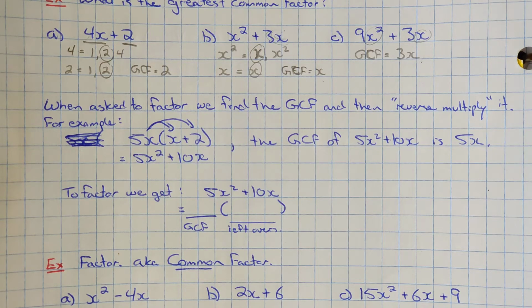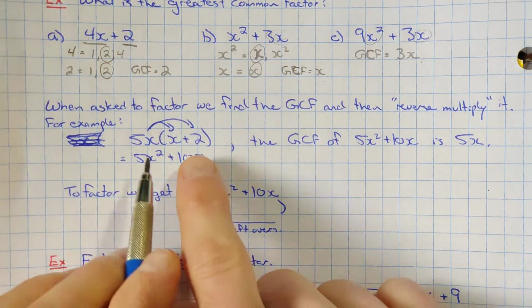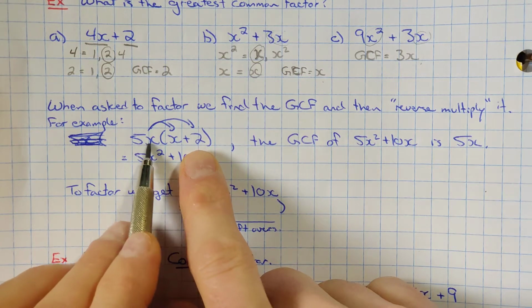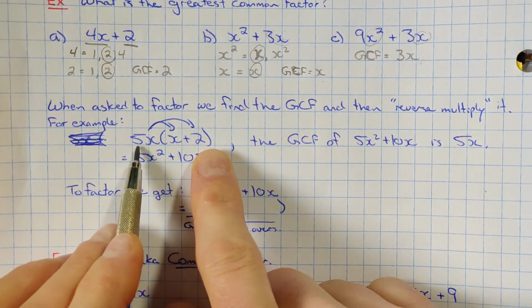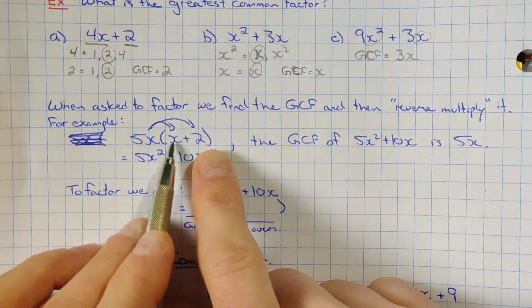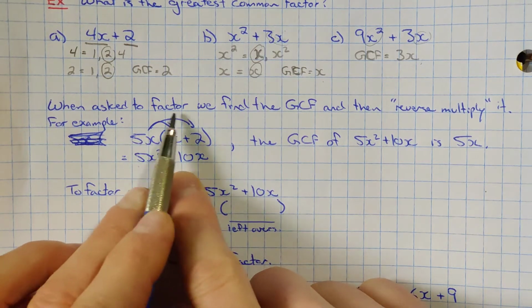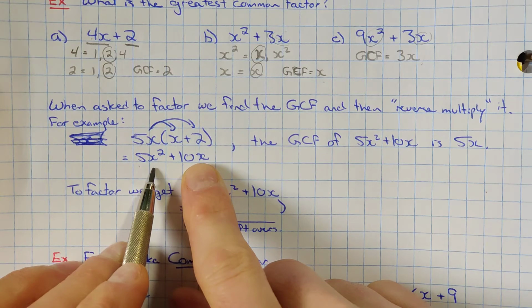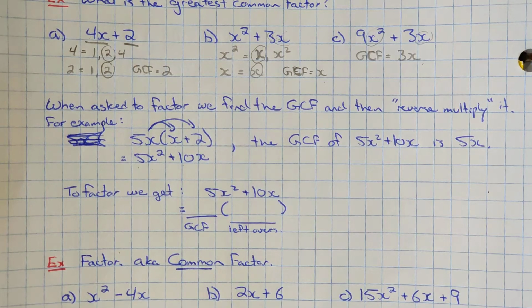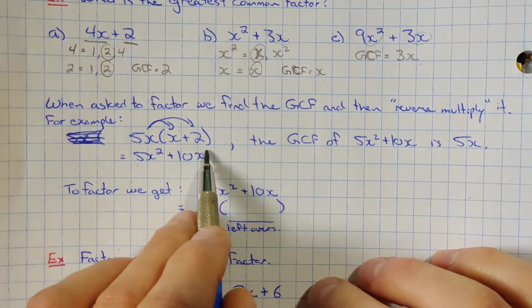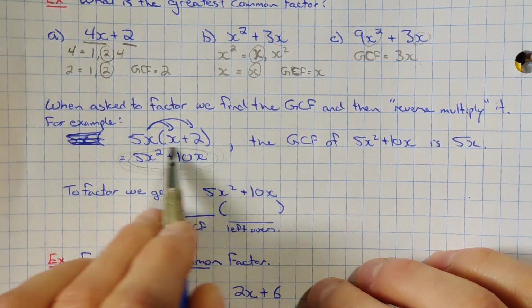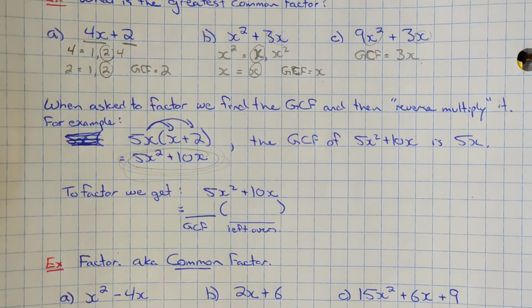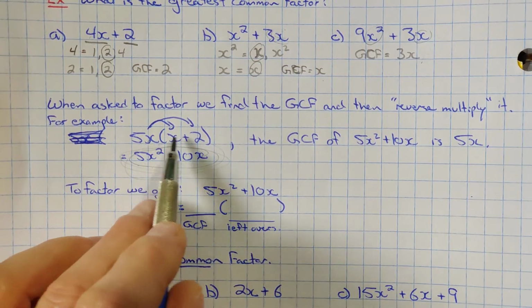So in this example, if we were to expand this, we would multiply 5x by x to get 5x squared, and then 5x by 2 to get 10x. So that would be expanding it. This is what we're starting with when we're factoring, and we want to reverse it back to the multiplication.